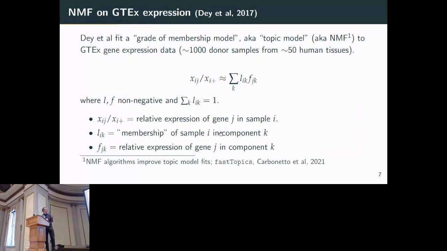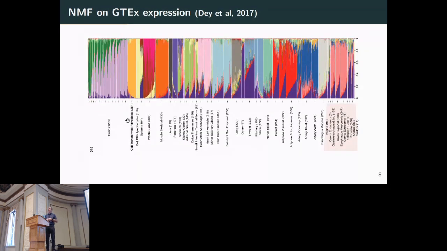So what you can see here is that most samples are assigned primarily to one component. That is, there's a majority color. Each one has a color that's kind of dominating, but there are also other colors. So if this were clustering samples, every sample would get one color. Right?